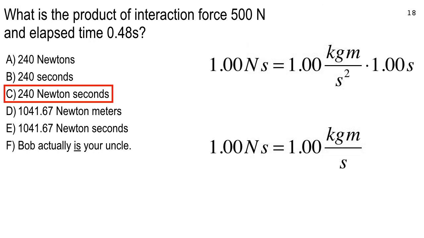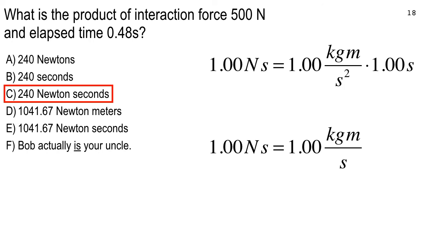Correct answer is just option C, a force times a time. A Newton times a second, so it's a Newton second. And I want to draw your attention up here to these equations now. Let's look at how those numbers combine.